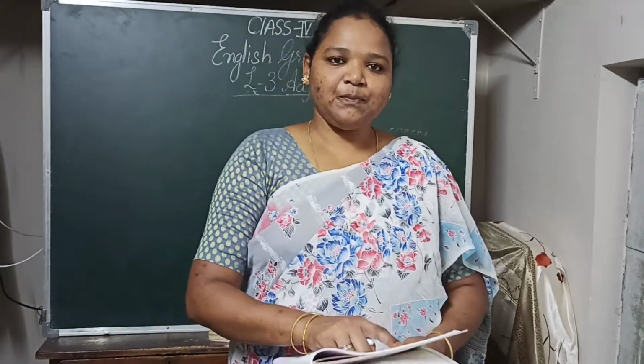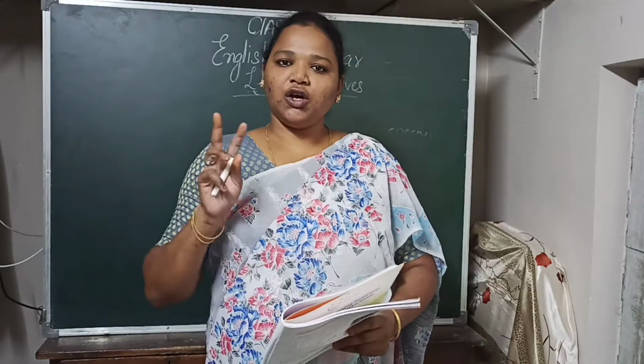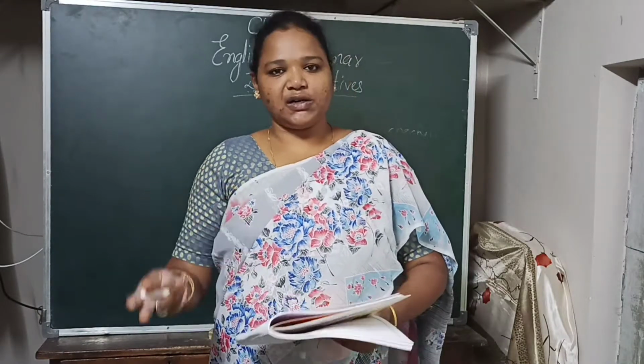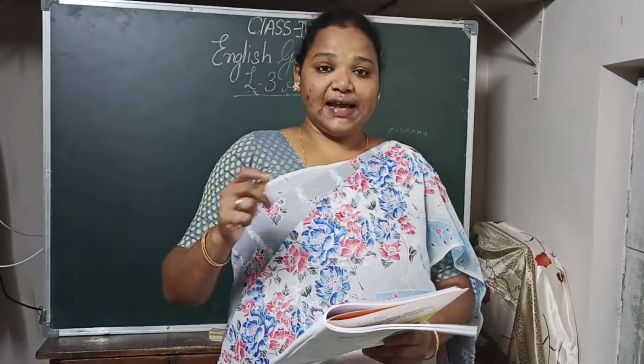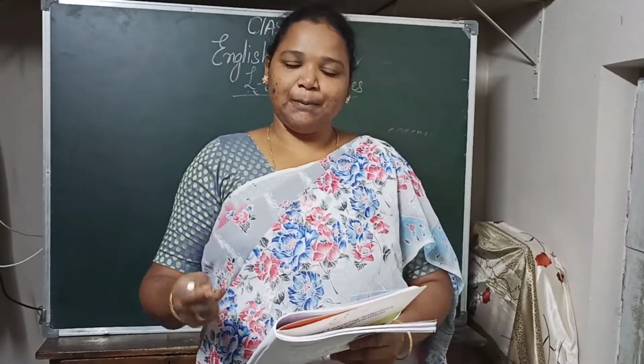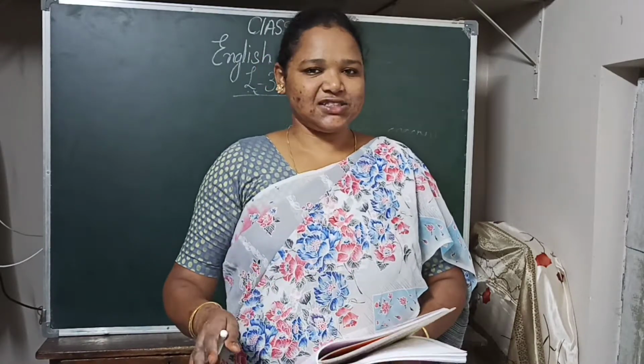For positive degree, we are simply telling about one thing. But in comparative degree, we are telling about two things. Okay, two things, two persons, two animals, any noun. Right? So in comparative degree, we add ER, like for big. Big is an adjective.